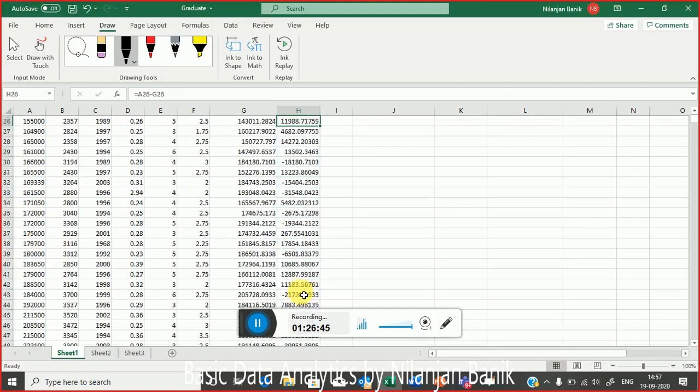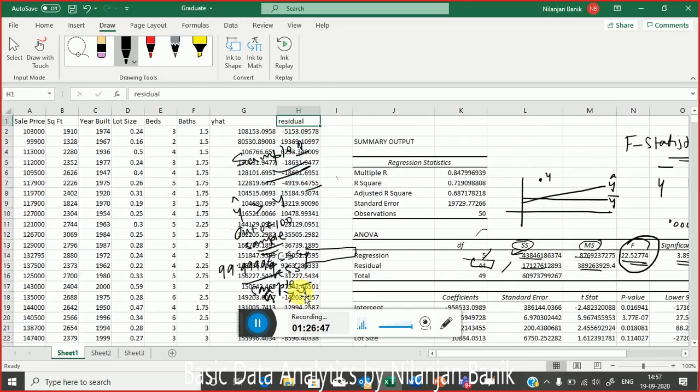This is the error. मतलब ये OLS ऐसे they run the regression so that my error components on average will be 0, you know.